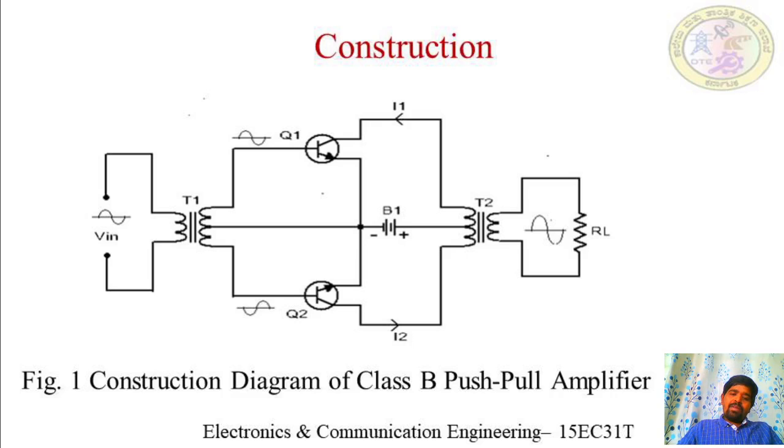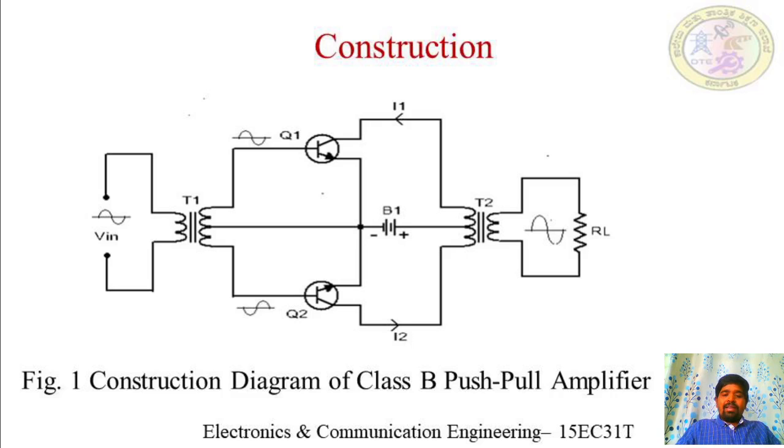Write this very carefully: we apply the input signal to the primary windings of the input transformer, and we take the output from the secondary windings of the output transformer.